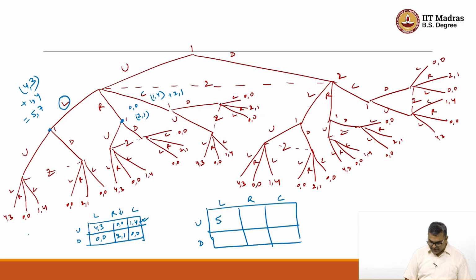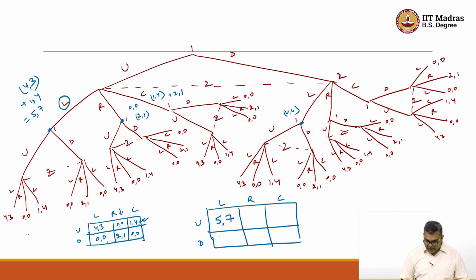This we have already obtained, 5 comma 7, and 0 comma 0, because here also after D comma L, player 1, this is D comma L. So here because player 2 is playing L, they are going to get U comma C as the reward.